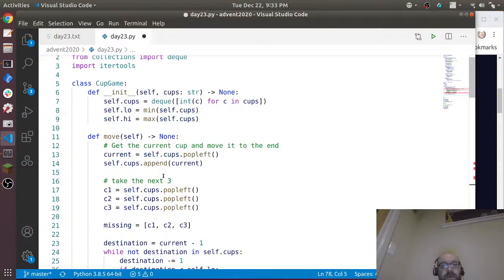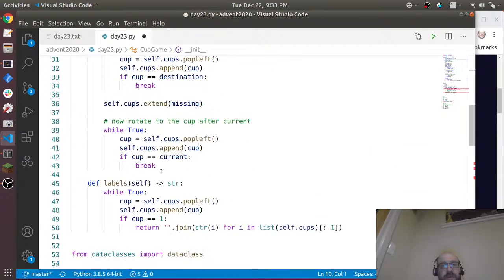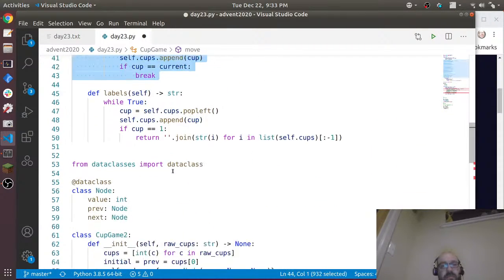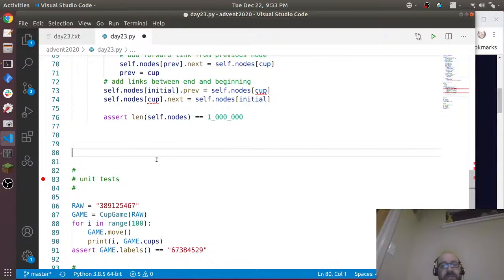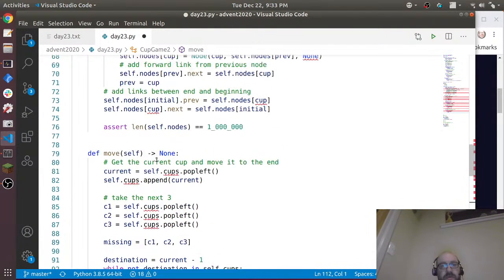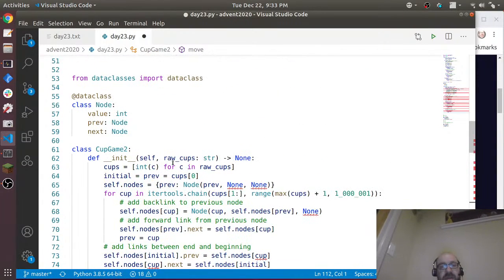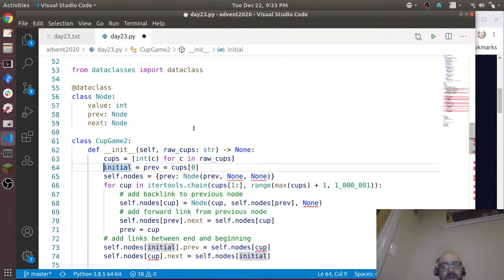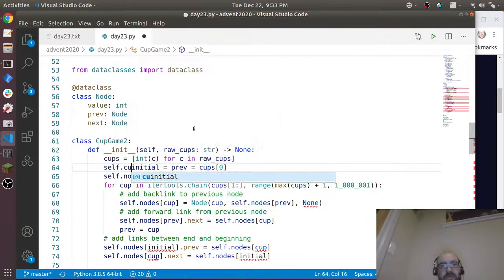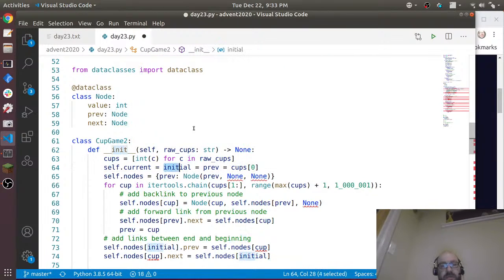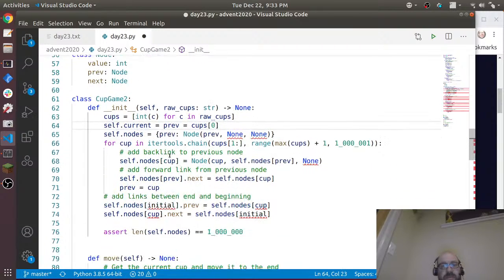And now I need to move. So I'm just going to copy this, because it has the logic in it, even if it's not working right. And actually, let's say self.current equals prev equals cups 0.